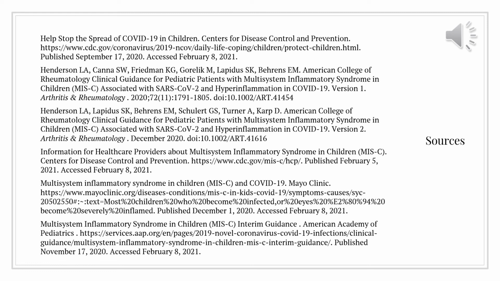And the CDC, American College of Pediatrics, and Mayo Clinic are all useful resources when looking for a quick outline of the information on MIS-C, as well as a good source of information for parents or other non-healthcare parties who are looking for information without all of the medical jargon.